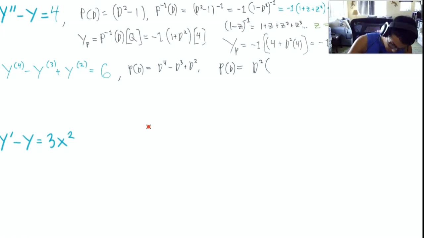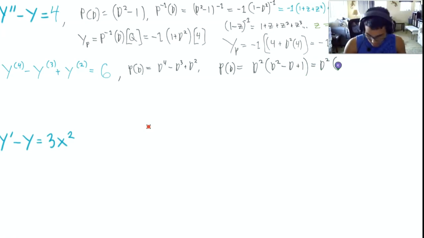And what do we have? That would be d squared times d squared minus d plus 1. Okay. And then let's think about this. So d squared, and we could write it like this, 1 plus d squared minus d.